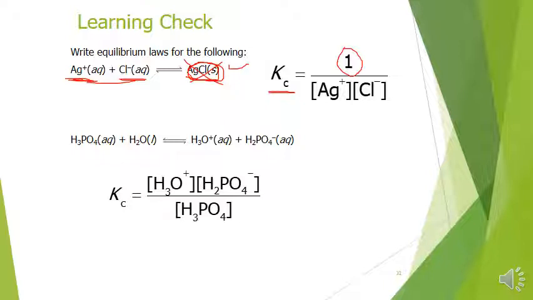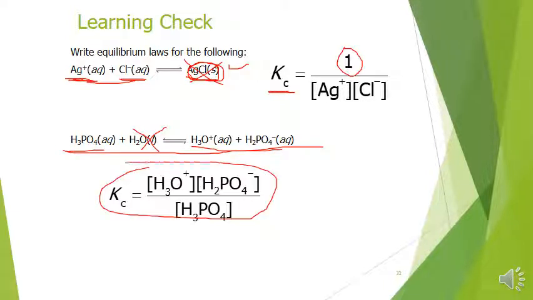Right, again, if we look at this reaction here, we can cancel out the water because the particles are densely packed, and so it's simply going to be these two over our reactant right here. This is also going to be important when we get to acids and bases. We're going to see this type of reaction used often.